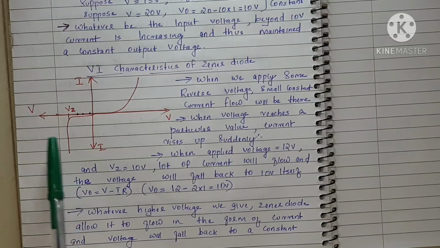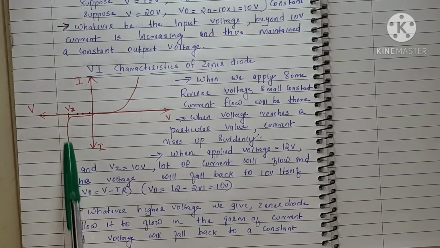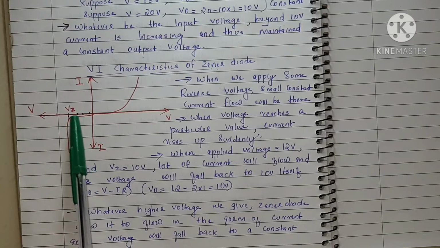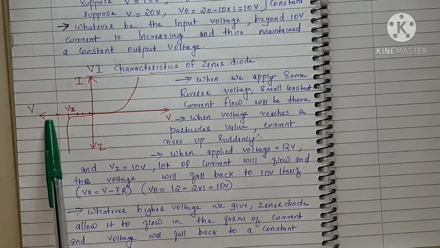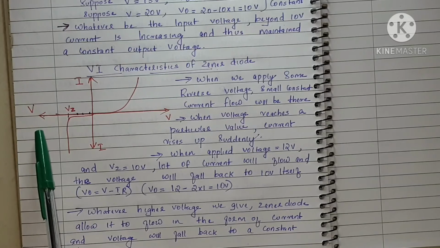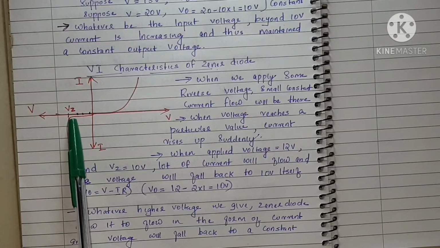This increase in the applied voltage is maintained at a constant level by the increase in current. That is, a lot of current will flow and the voltage will fall back to a constant value, that is Vz itself. Whatever the applied voltage is, the voltage will fall back to a constant value by increasing the current.